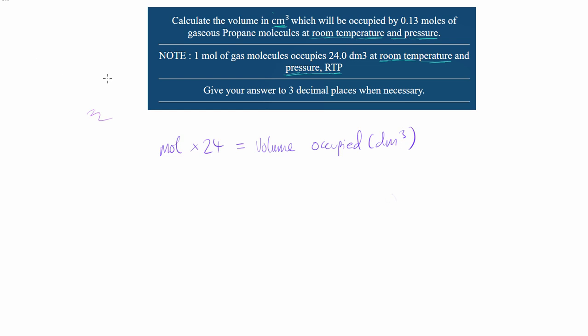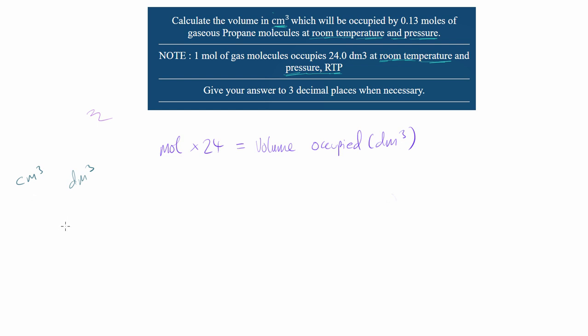So in order to convert it to centimeters cubed, traditionally, if you're trying to convert a value from decimeters cubed to centimeters cubed, you would typically multiply your value in decimeters cubed by 1000 to get what it would be in centimeters cubed, right?